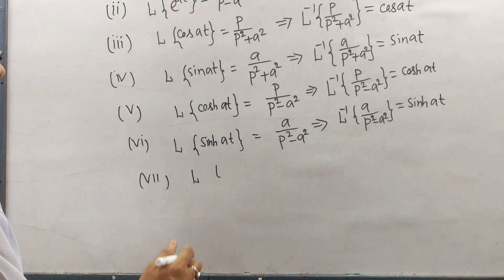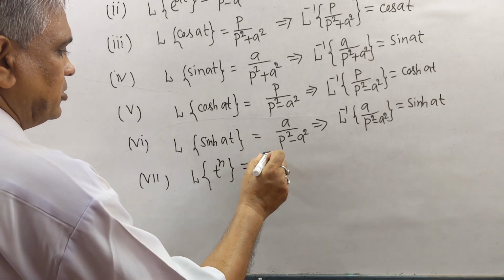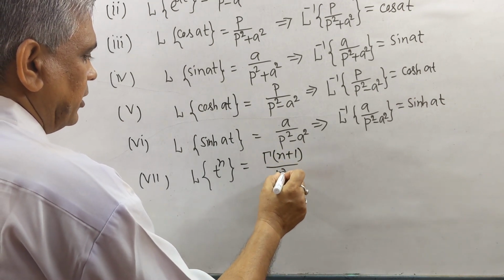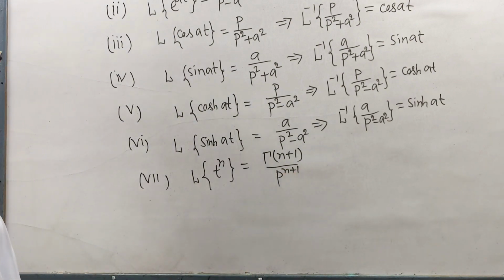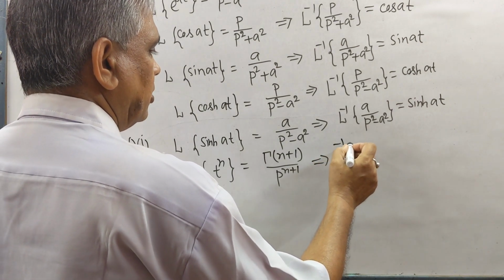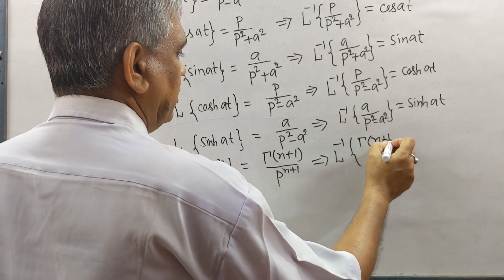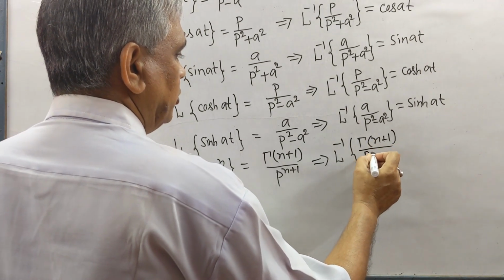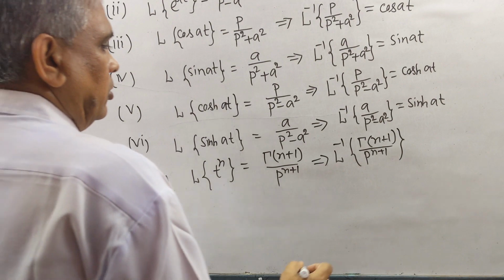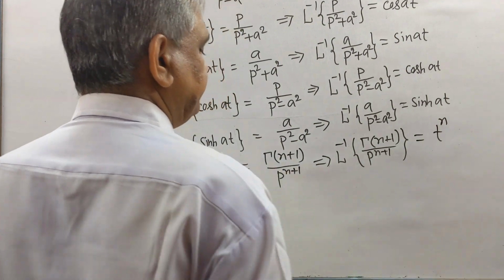Now L{t to the power n} = gamma function (n plus 1) by p to the power (n plus 1), which implies that L inverse gamma function (n plus 1) by p to the power (n plus 1) = t to the power n.